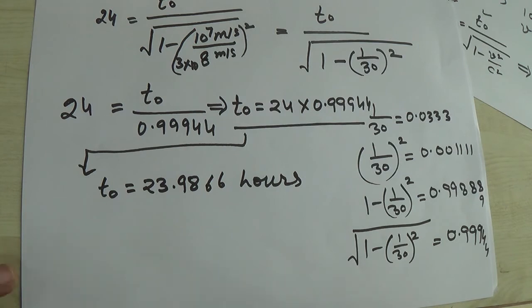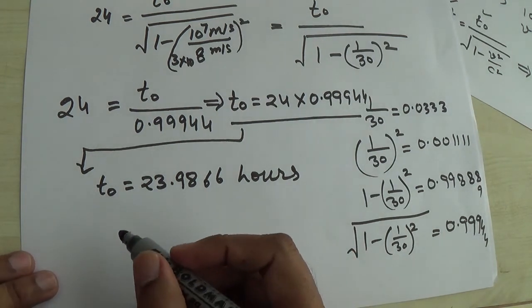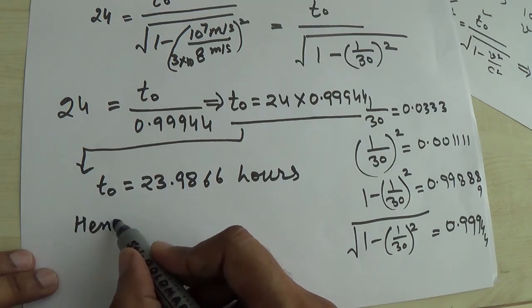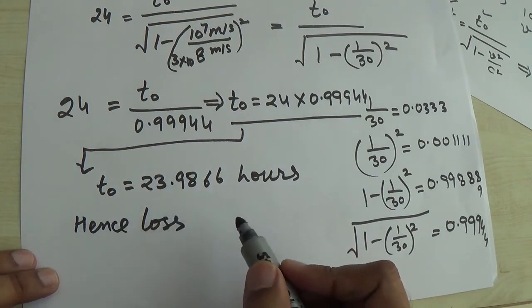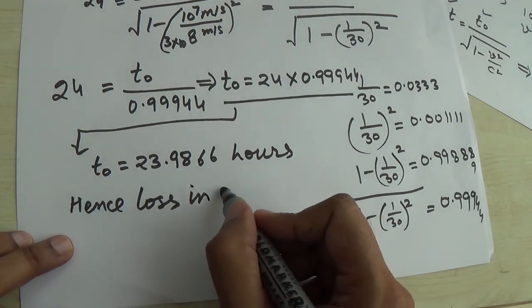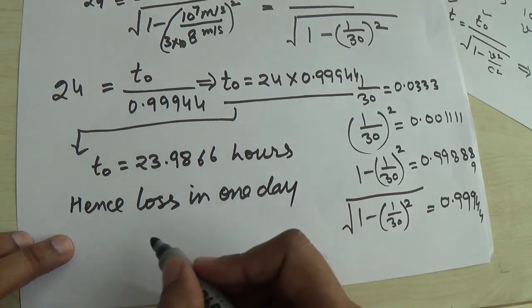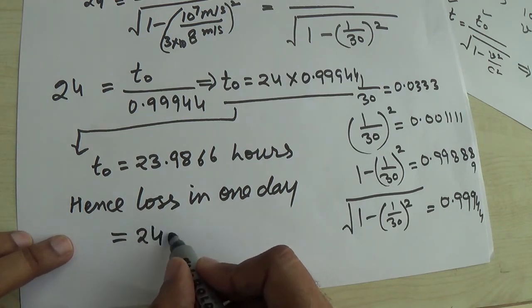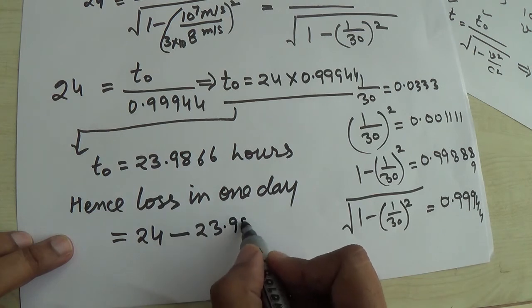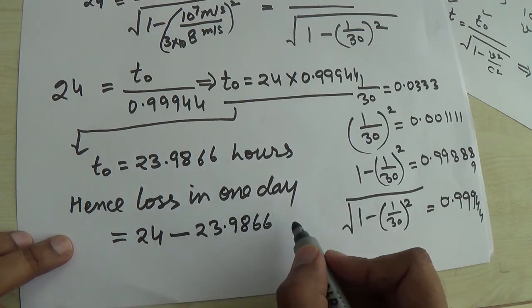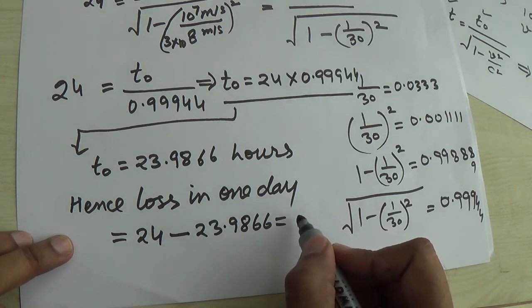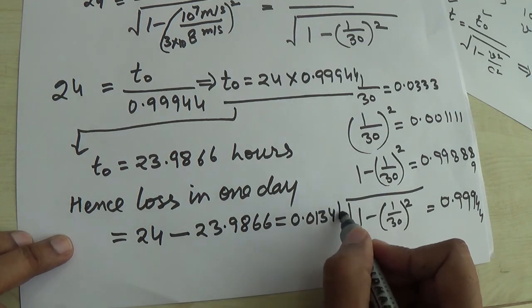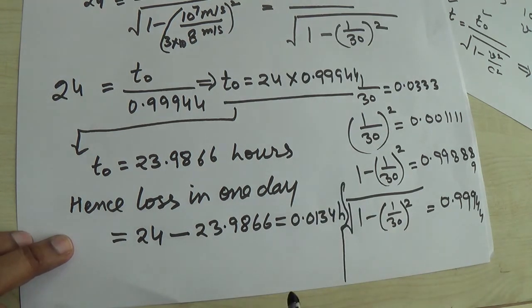So now the time difference between these two, hence the loss, you can find out. Loss in one day will be equal to 24 hours minus 23.9866, and that is 0.0134, and this is in terms of hours, right?